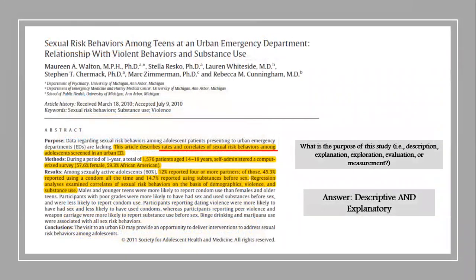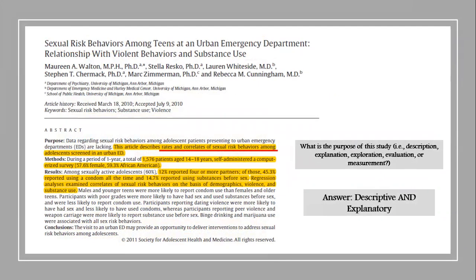And then we see this study here, which we can't necessarily tell from the title, but if we look here at the purpose of the study, this gives us a little bit more information. The authors write that the article describes the rates and correlates of sexual risk behaviors among adolescents screened in an urban emergency department.